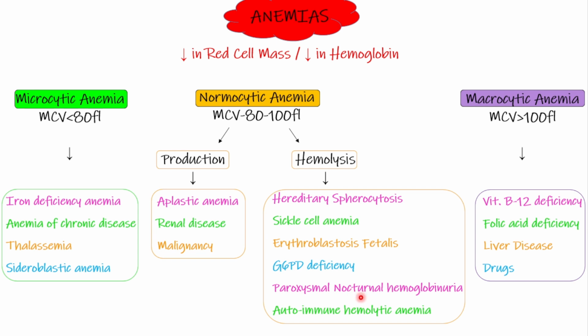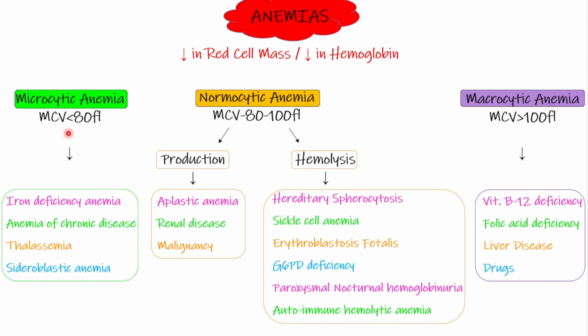And when the person wakes up, the first urination of the day gives a picture of hemoglobinuria, the hemoglobin in the urine. Then we have autoimmune hemolytic anemia. In autoimmune hemolytic anemia, the hemolysis of the red blood cells is because of the autoantibodies, which are causing the RBCs to rupture. Okay.